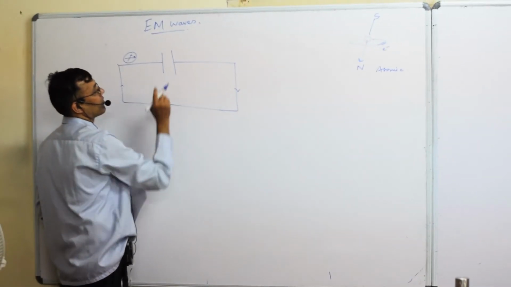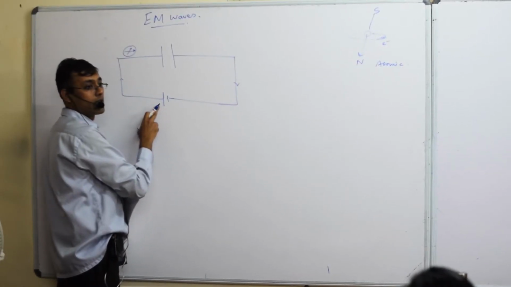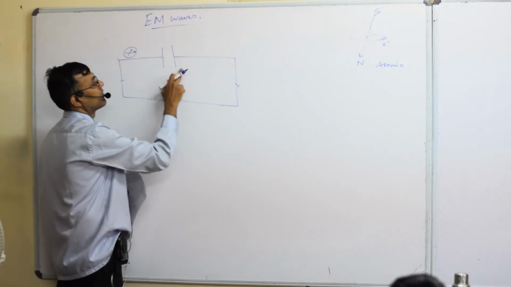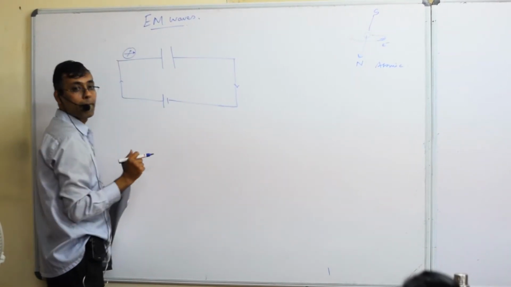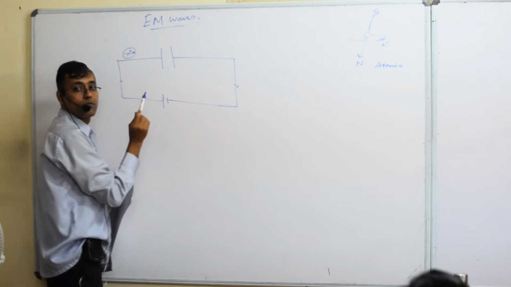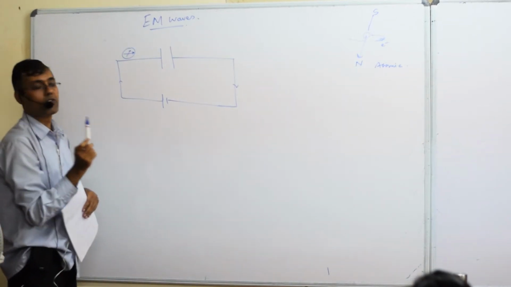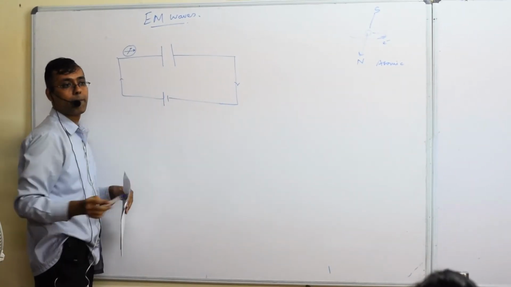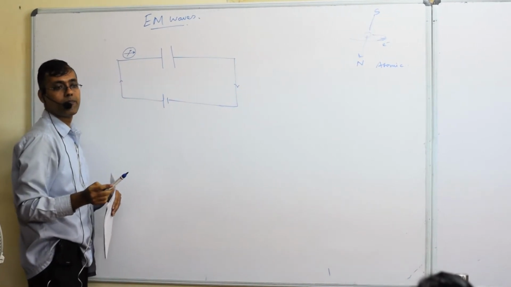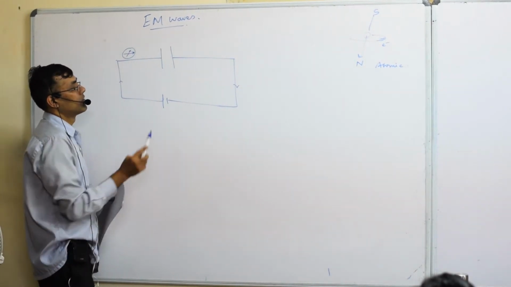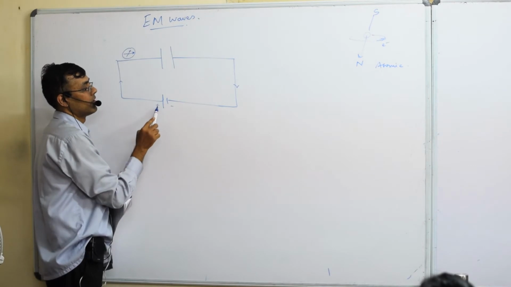So between the capacitor plates, with this DC current supply, is there any current flow here? We have to go back to the principle of the capacitor. How does the capacitor work? When you put plus here and minus here, what is it doing?